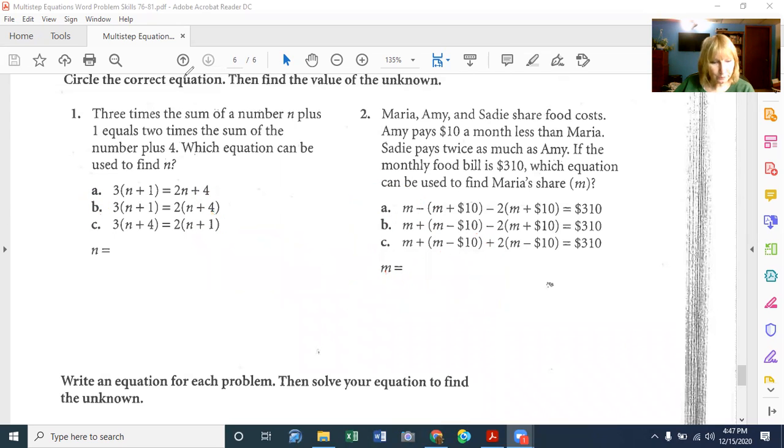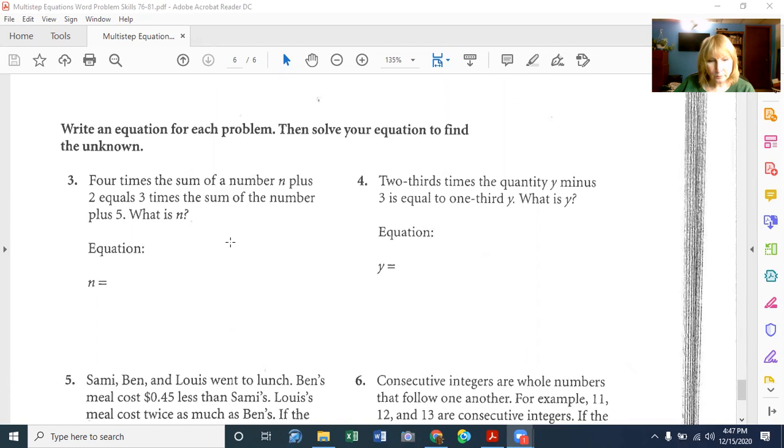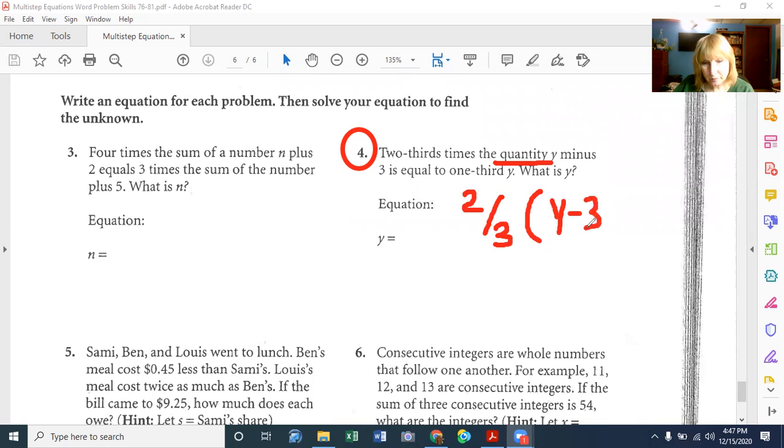Let's clear that. Okay. Let's do number 4, because that's got the word quantity in it. And that's another word for parentheses. So 2/3 times the quantity y minus 3 is equal to 1/3 y.